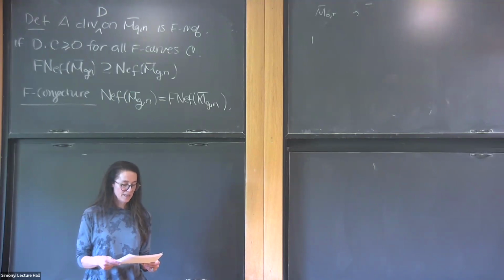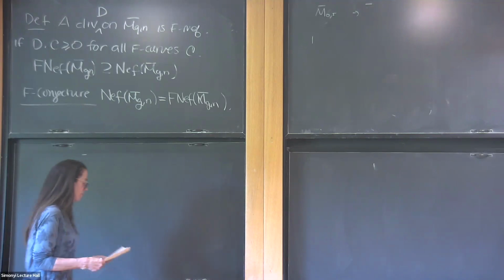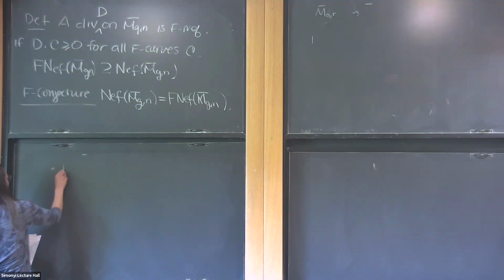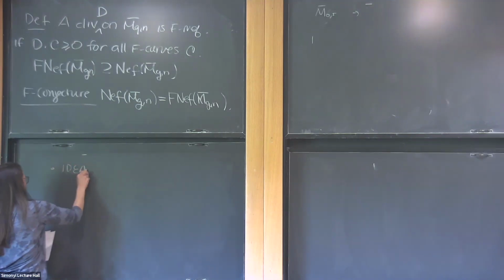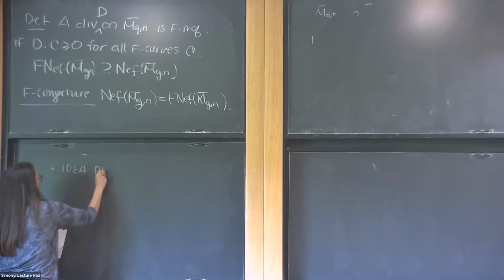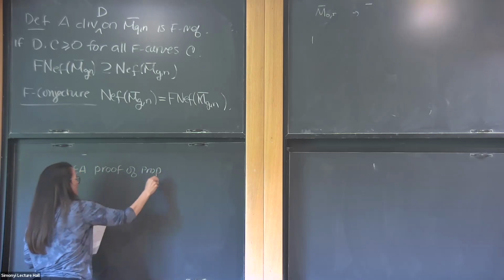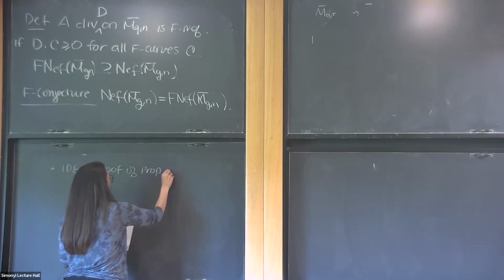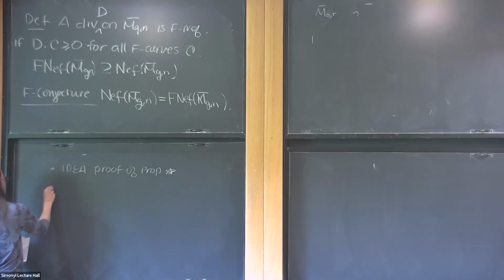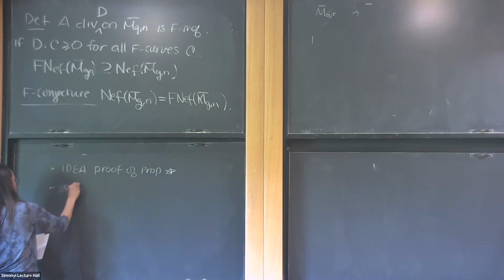So I want to focus on the idea of the proof of proposition star. So what are the methods to prove it? I'll check not all the cases, but some of them. And then I want to say, what does the proof say about the nef cone?